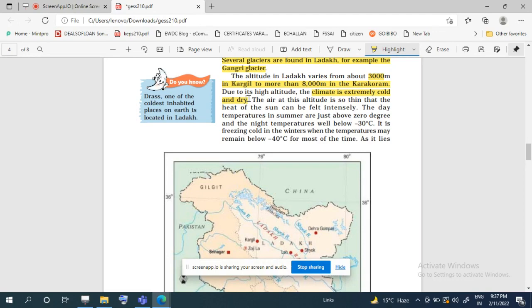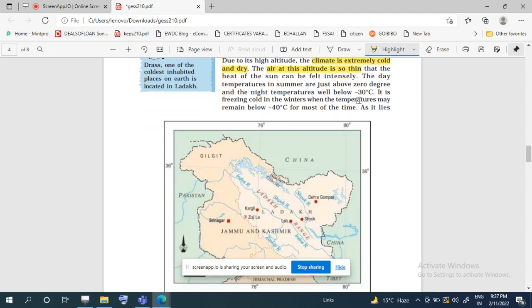है ना. So what happens, because the density of air is very low, the heat of the sun is felt very badly.